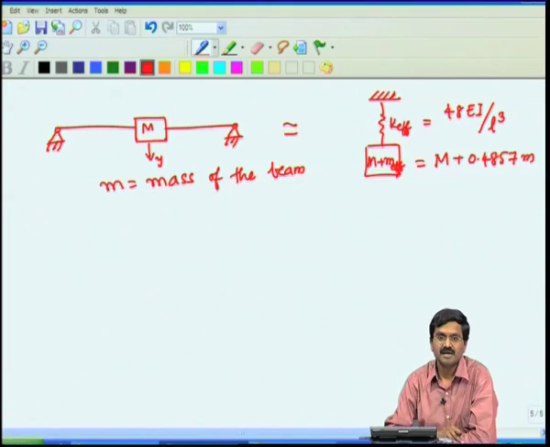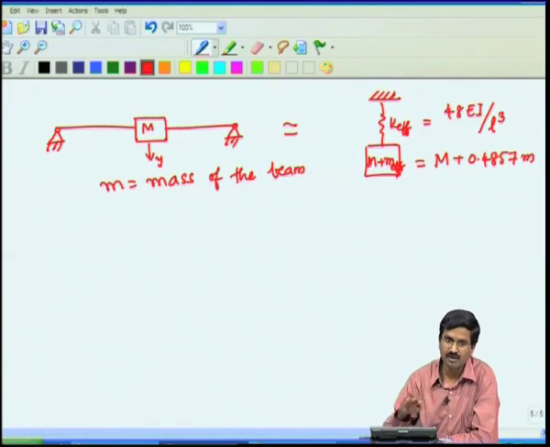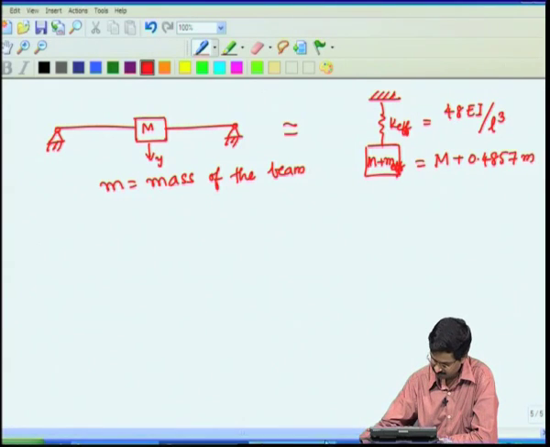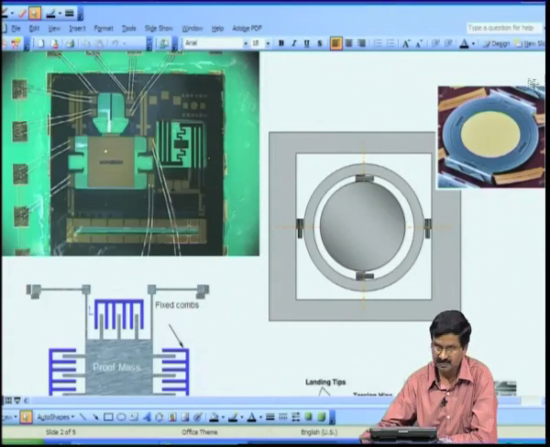So, this is a simple technique that we can use to reduce any vibrating system, however complicated it is. If you want to reduce it to 1 degree of freedom, that is just 1 x, then you have to find the equivalent mass. This we can do for all the complicated things that we see here.